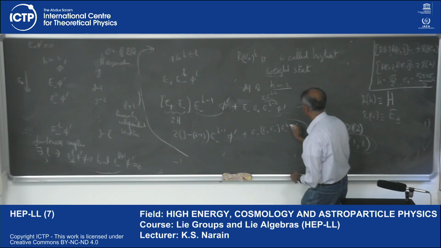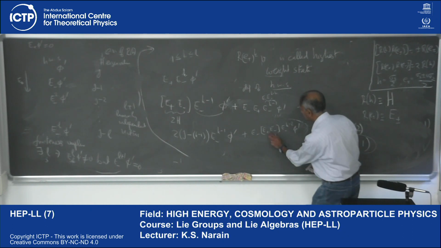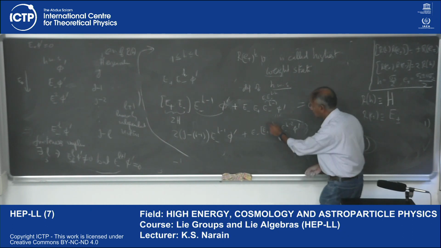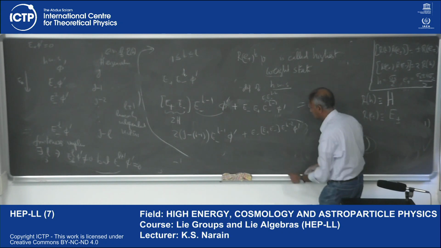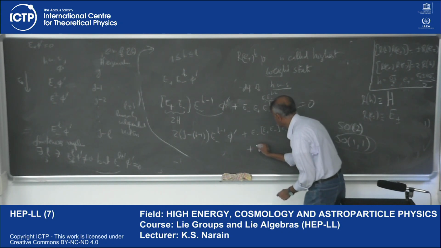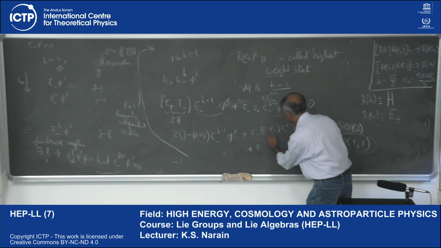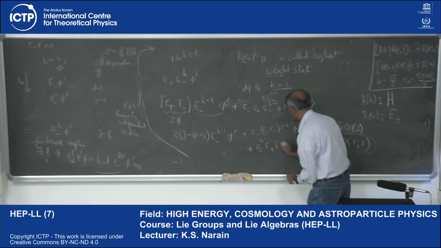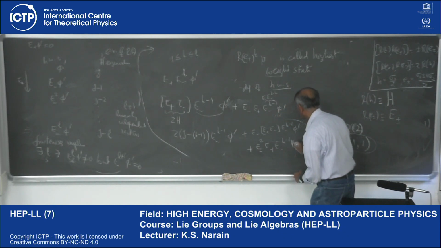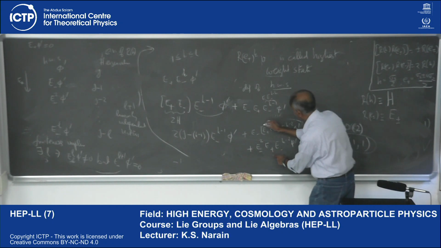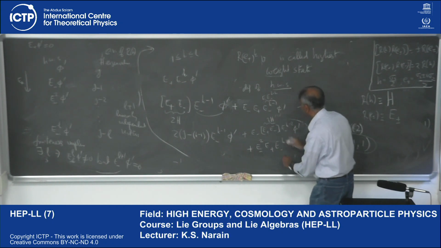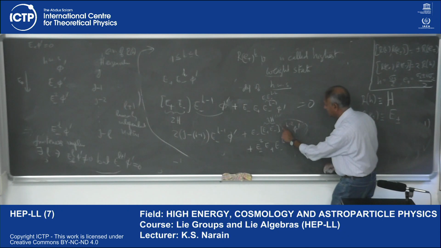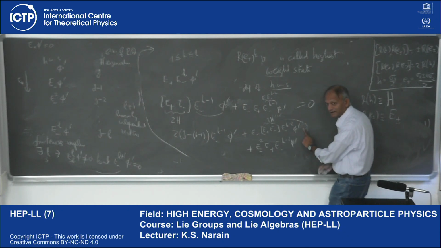Then we have the E minus to the K minus 2 phi prime. But then I have to remove the extra piece from here. When I wrote this thing as a commutator, I need to remove that. So that is plus E minus E plus, so E minus square, E plus E minus K minus 2 phi prime. This one again is 2H. But now H is acting on this state, which is an eigenstate of H. Right?